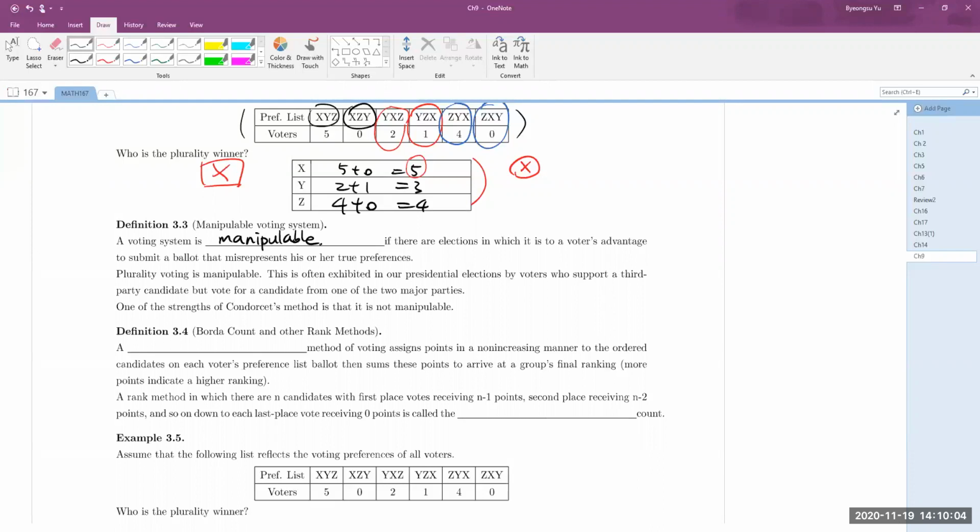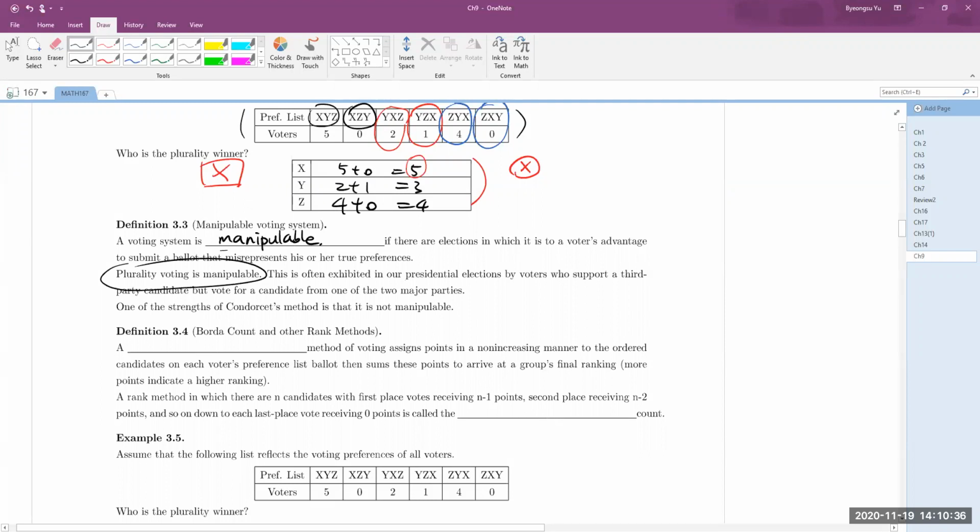Even if they don't like either of the candidates, they give votes to someone they don't like because they do not want the other one to be the winner. In that case, we say that the plurality voting system is manipulable. That's one example of a manipulable system.